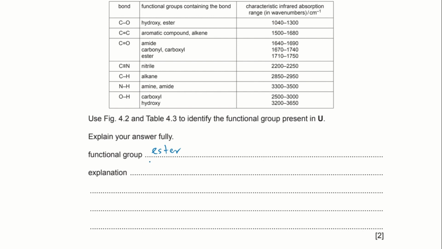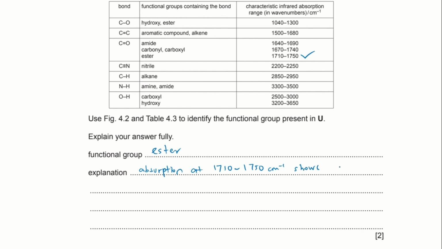The explanation will be, we have to give the two absorptions for C double bond O and also C single bond O. The first one will be absorption at this range 1710 to 1750 wave number. So we just follow the range given in the table. This table will be given in the question paper, so you do not have to remember them.